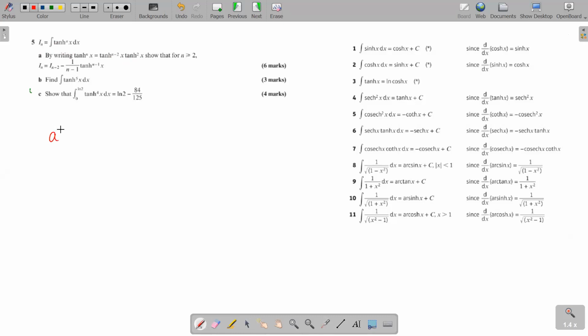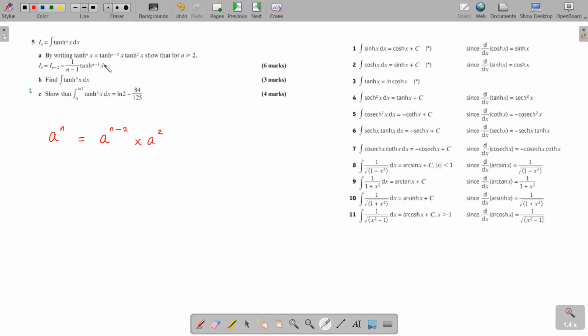Say you have a to the power n, can't you break it as a to the power n minus 2 times a to the power 2? Because same base powers, when they multiply, the powers are added. So n minus 2 and 2, when you add, you get a to the power n. So that rule is what they are using here.